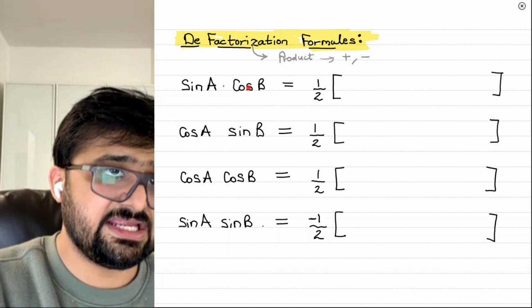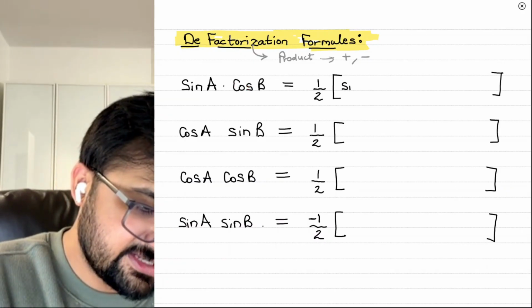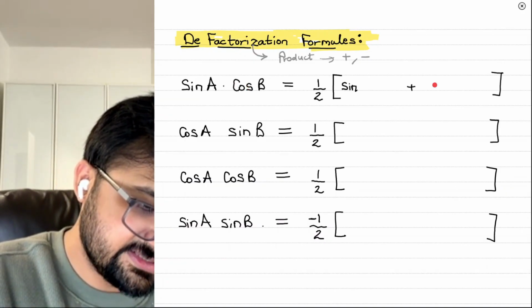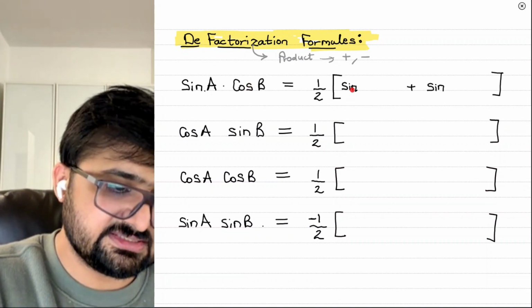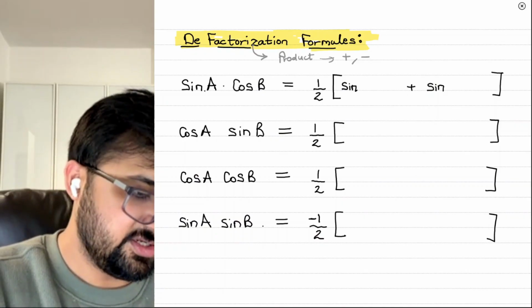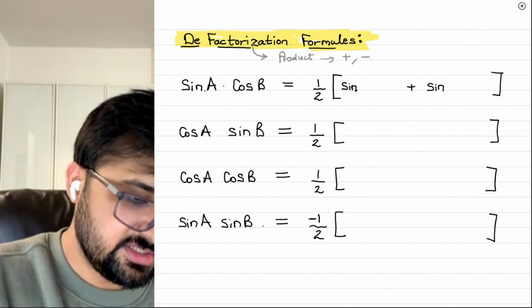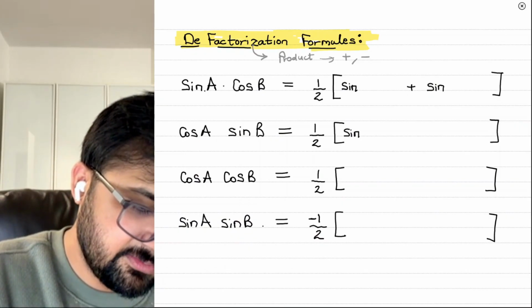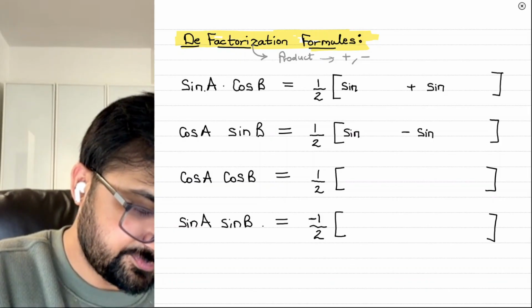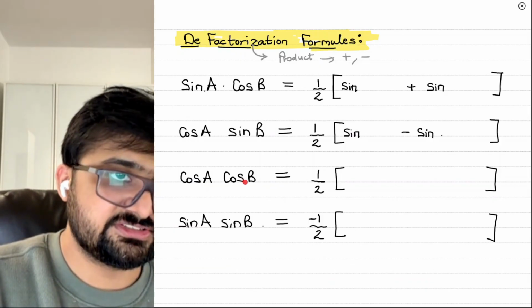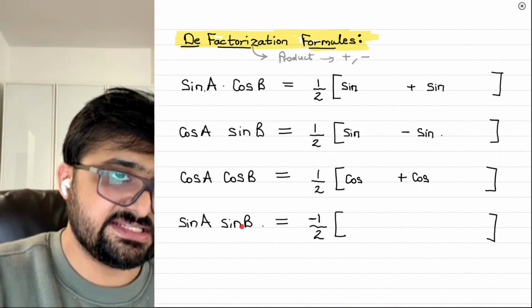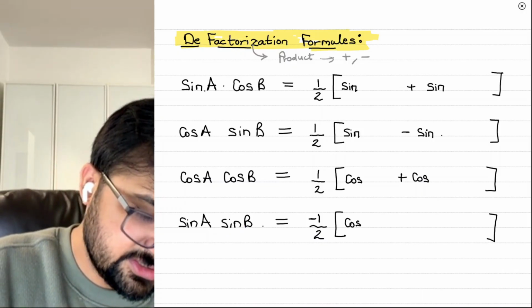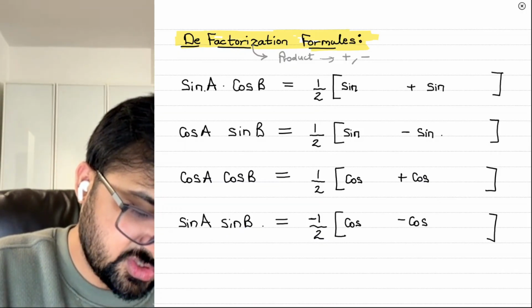Whenever there is sine cos, the formula is sine plus sine. Whenever there is cos sine, the formula is sine minus sine. Whenever there is cos cos, the formula is cos plus cos. And whenever there is sine sine, the formula is cos minus cos.